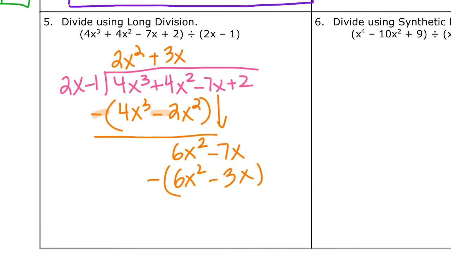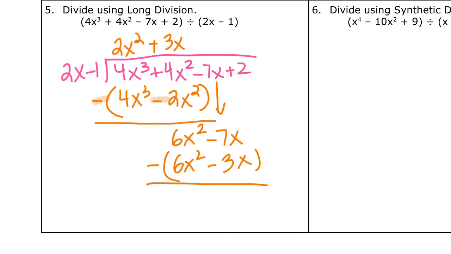Subtract the whole thing. First one will go away, but on the second one, I have negative 7 minus negative 3, which means that we're going to add. So that'll give me negative 4x and bring down our last term.